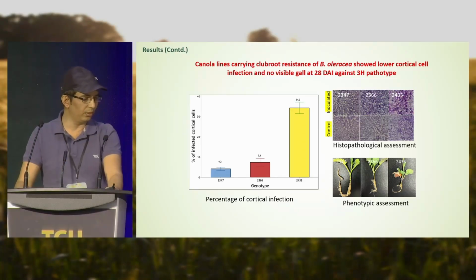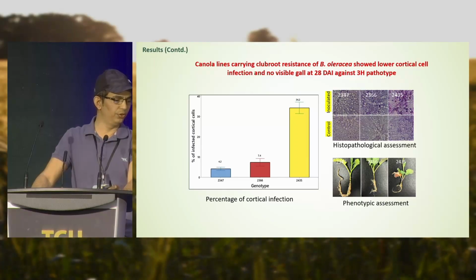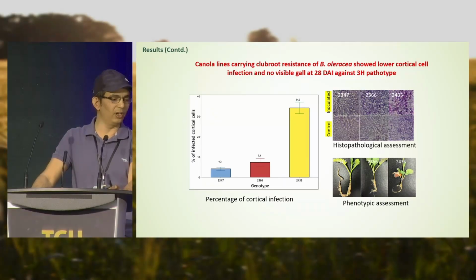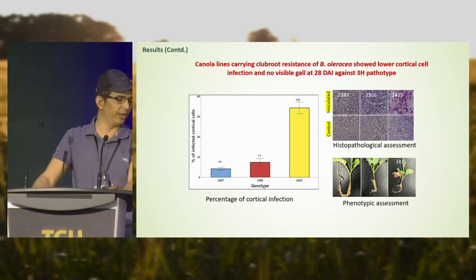The figure on the right at the top shows the tissue-level cortical infections among those 3 canola lines, compared against control.